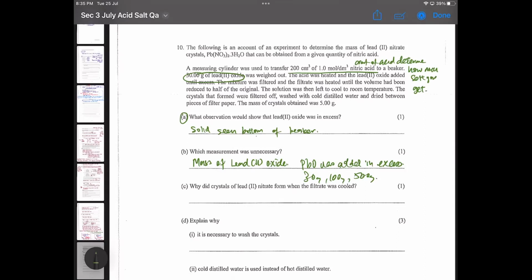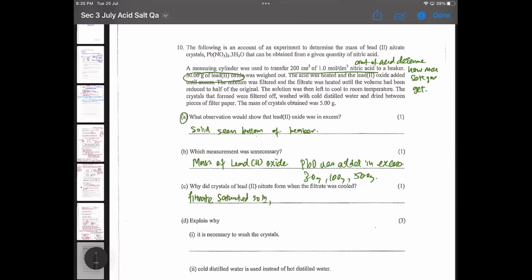So this was the one that we mentioned just now. Why is it that crystals form when the filtrate is cooled down? The reason is because the filtrate itself is a saturated solution.